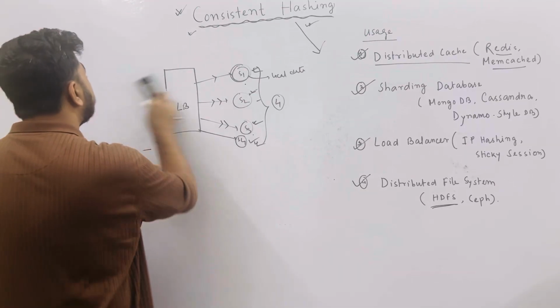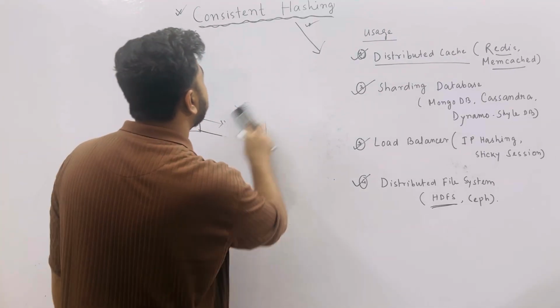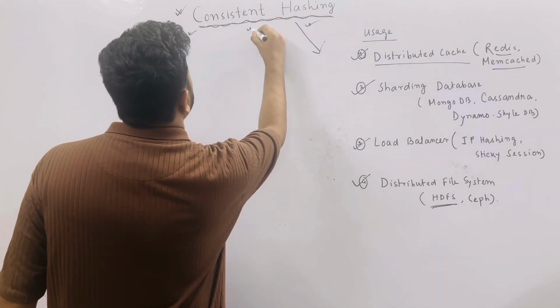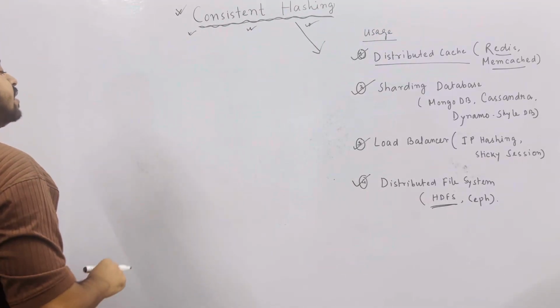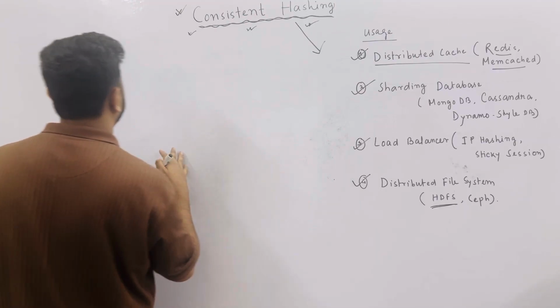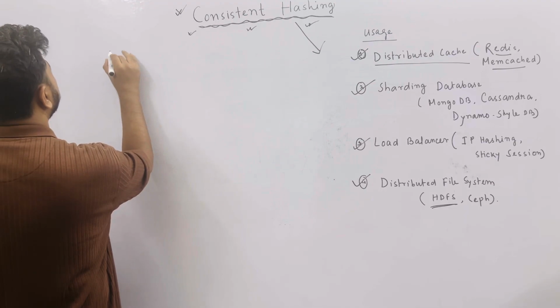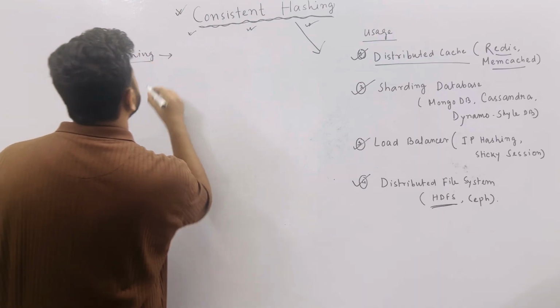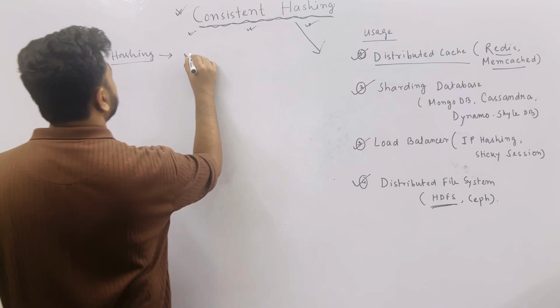Now, to minimize this impact, there is another algorithm, consistent hashing. Hashing happens with a hashing algorithm, as we saw in an earlier video. Suppose I take MD5 as an example.